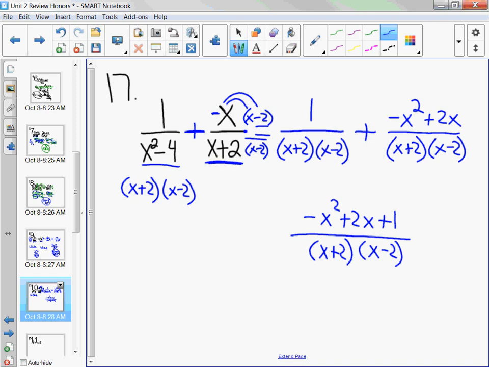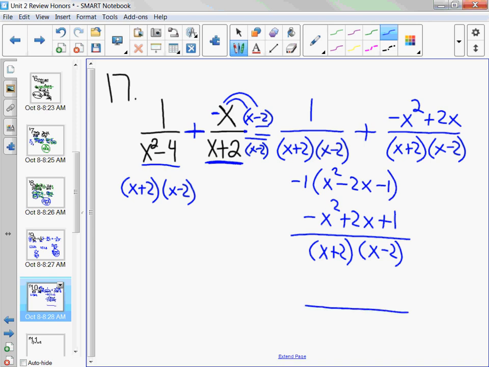Now I have a feeling that the top will factor, and I can cancel some factors. So I am going to factor a negative 1 out of the top to change my sign so my x squared is positive. That gives me x squared, and it's going to change all the signs, minus 2x minus 1. Now I'm going to factor the top.